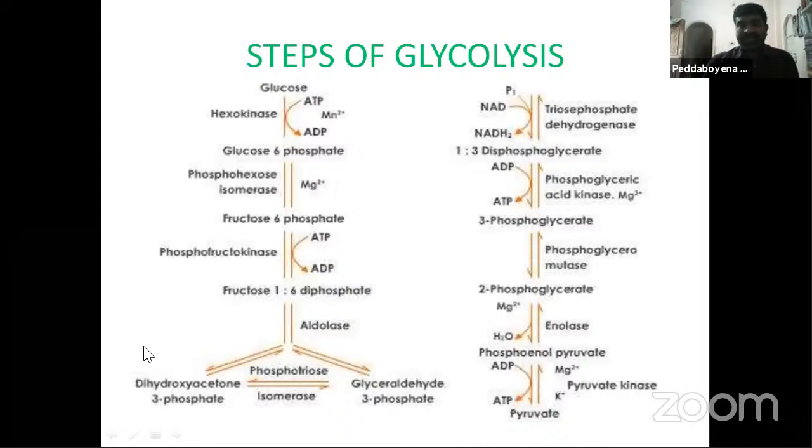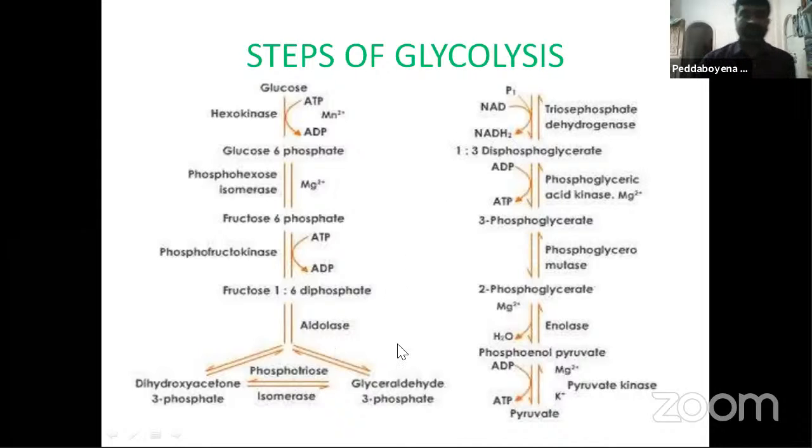How many glyceraldehyde 3-phosphate are formed? Two molecules. One is already there, and DHAP is isomerized into glyceraldehyde 3-phosphate, so two molecules of glyceraldehyde 3-phosphate are formed.